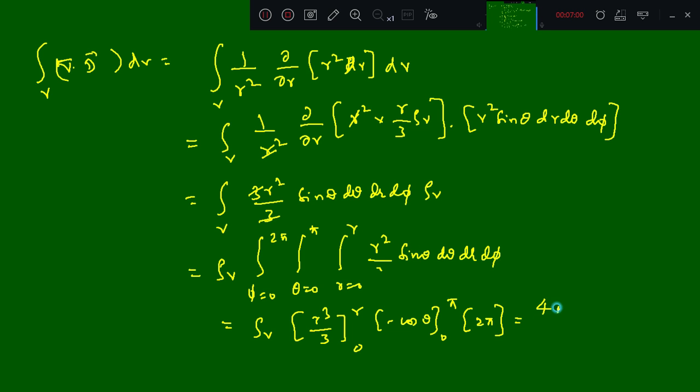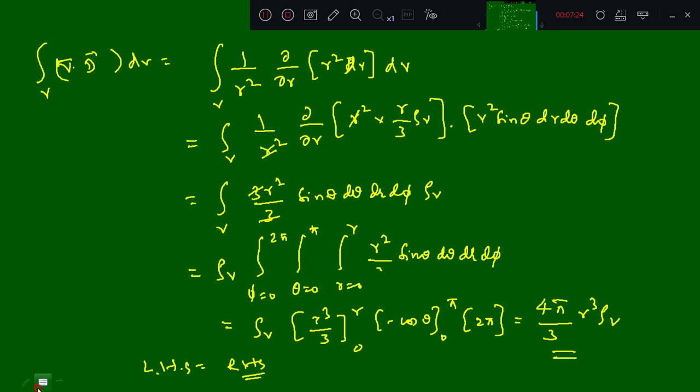That is 4 pi divided by 3 into r cube into rho V. So the LHS equals the RHS. This proves the divergence theorem.